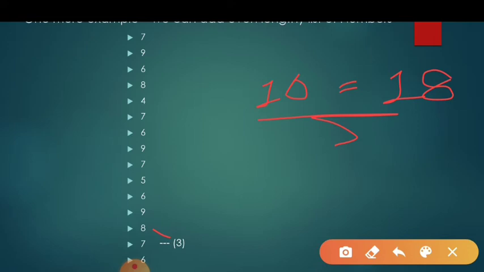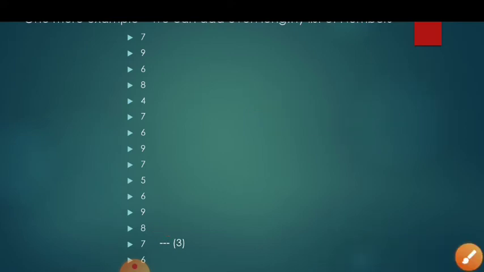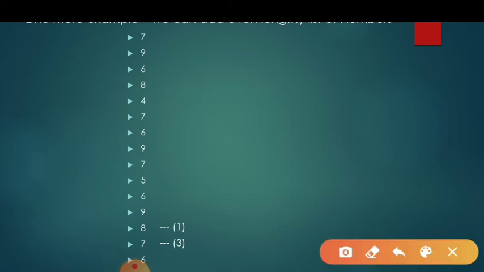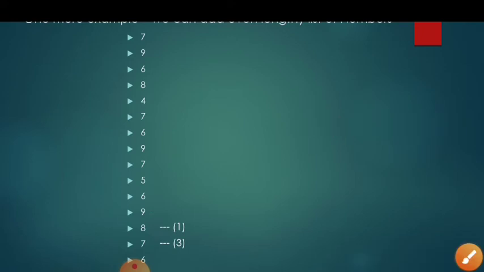So do a dash after 8 and write here 1. Now add 9 and 1. The answer comes 10. Now you can't know what the 1 is, only 0. Only the unit place you want to remember. So do mark here 0.